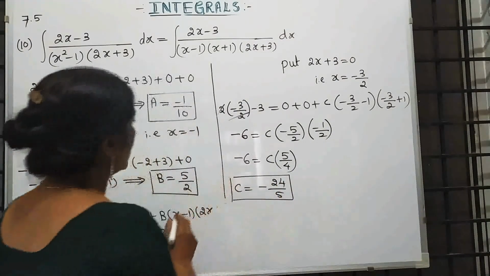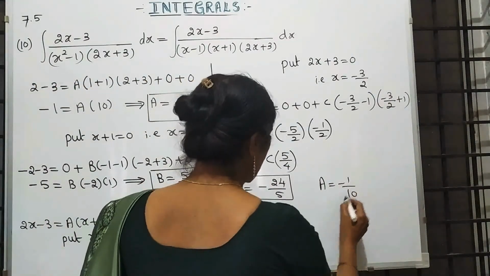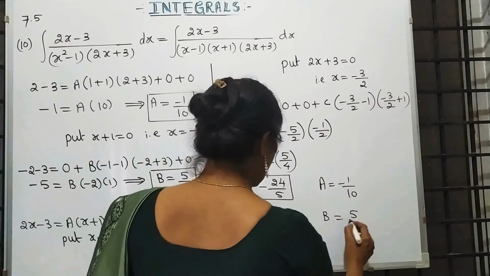Now write down these values of A, B, C in equation 1. I am writing the A value here, minus 1 by 10. B is 5 by 2.